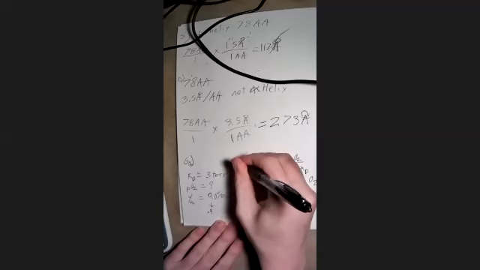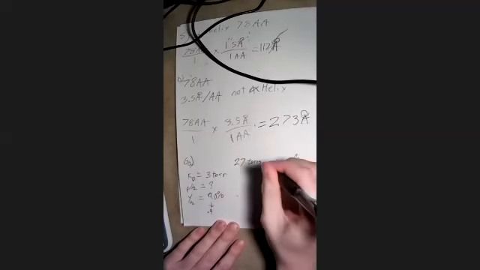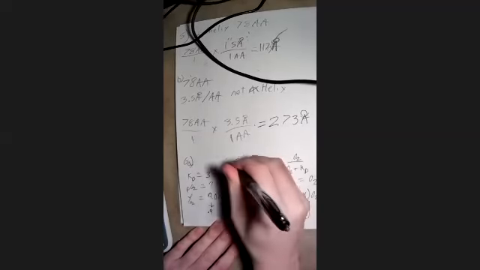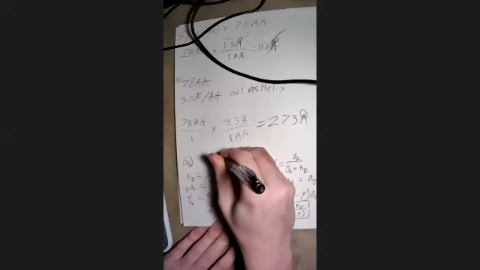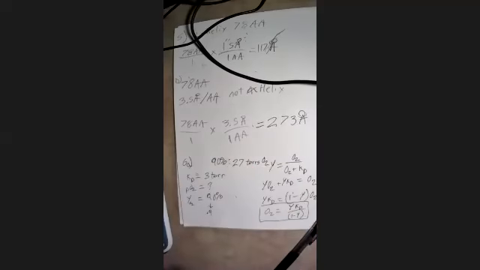So we have 0.9 times the KD, which is 3, divided by 0.1. And that gives us, we need 27 torr of O2 to have a 90% bound. 27 torr O2 partial pressure.